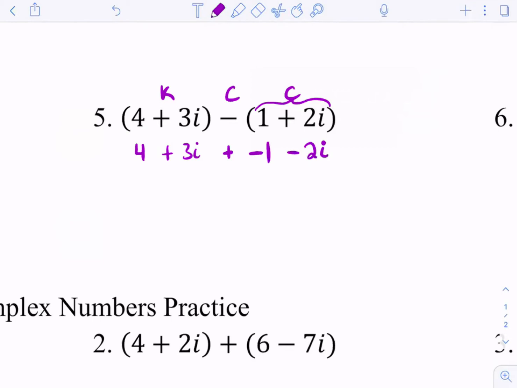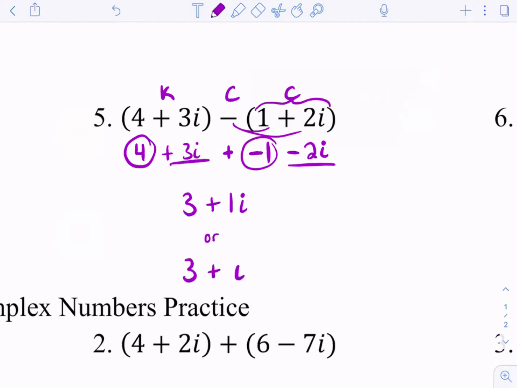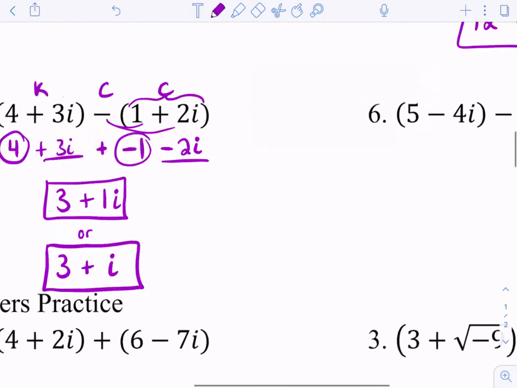So it's almost like we distributed this negative onto both terms. Very important that when it's a subtraction you do that, because a 4 and a -1 gives me 3, and a 3 and a -2 gives me 1i. So you could write 1i, or you could just write 3 plus i. Either one of these is a correct answer there.